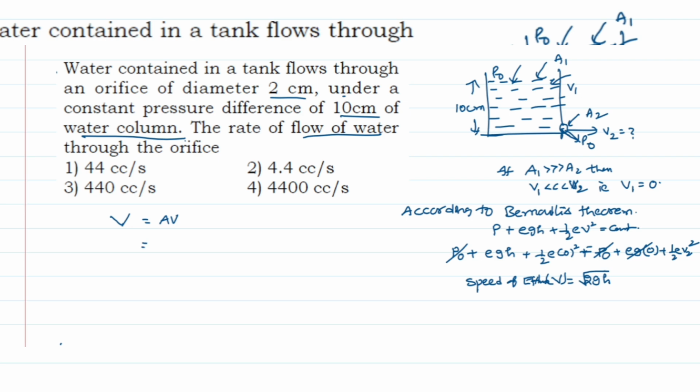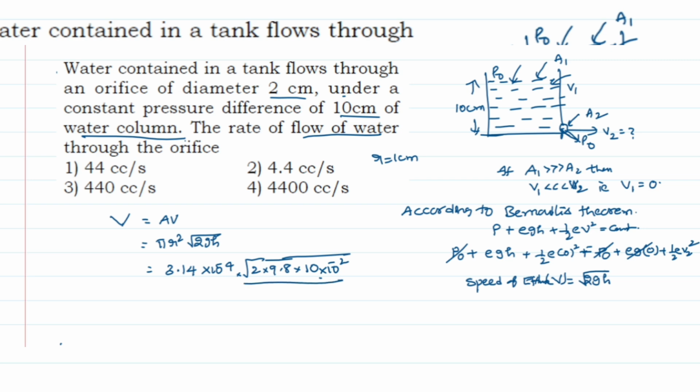Area is pi r square, into the speed of efflux, which we just calculated as square root of 2gh. So pi is 3.14, into radius: the diameter is 2 cm, so the radius is 1 cm. 1 cm square means 10 power minus 4 meter square, into square root of 2 into 9.8 into h, 10 cm of water column, that is 10 into 10 power minus 2.